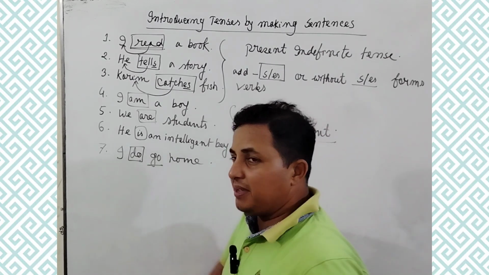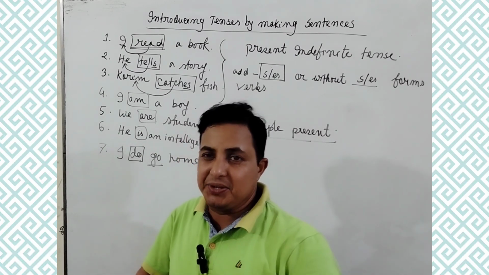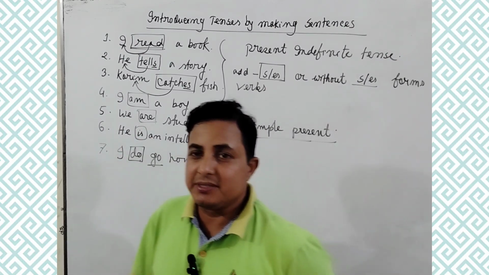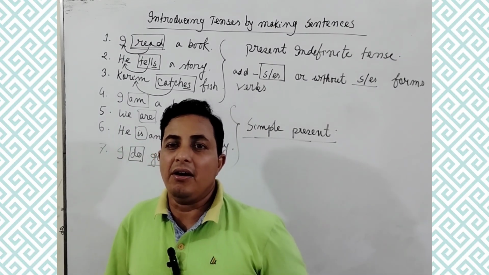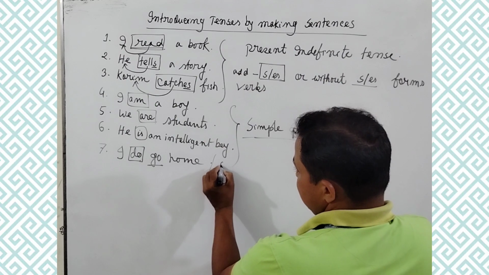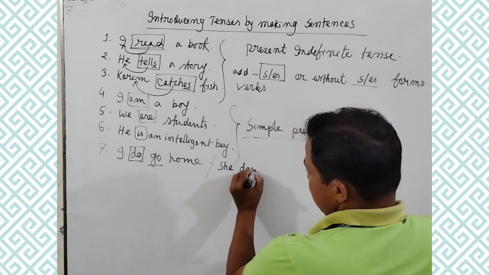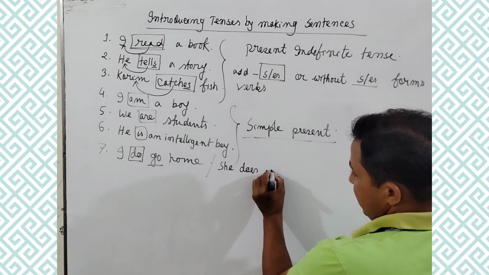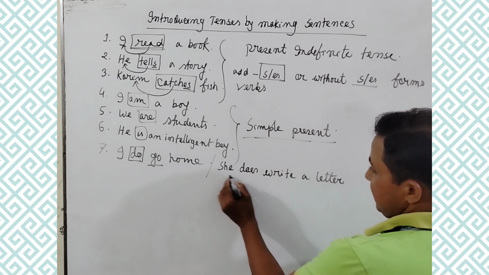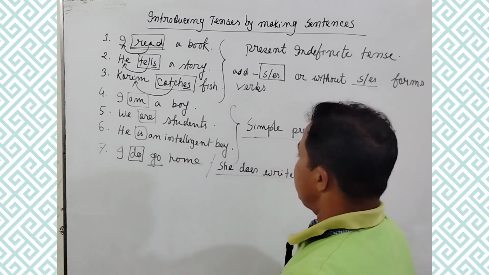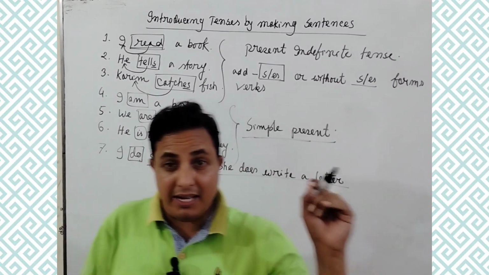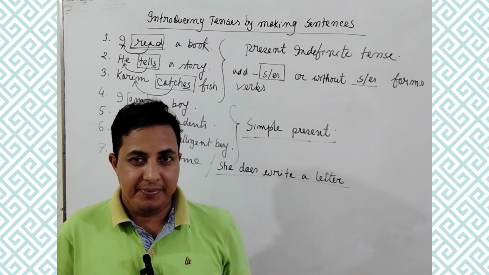Because sometimes if you want to put pressure, to assure, then you can use an auxiliary verb after the subject, but not occasionally, not every time. If you write she does write a letter, yes, absolutely right, it is also correct. Why? Because she does write a letter means she must write a letter.